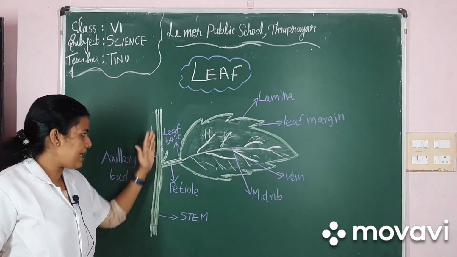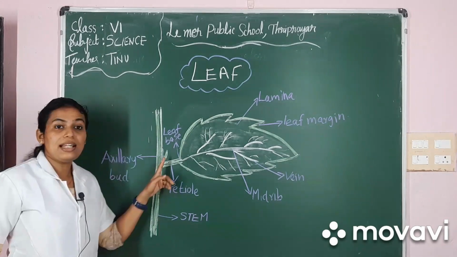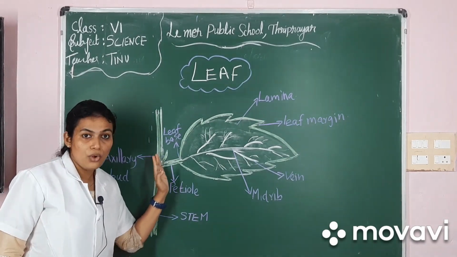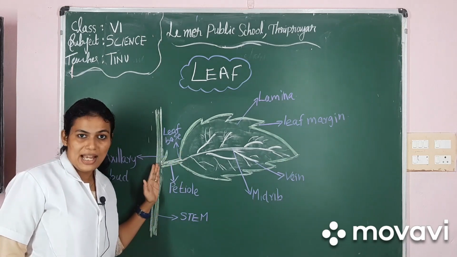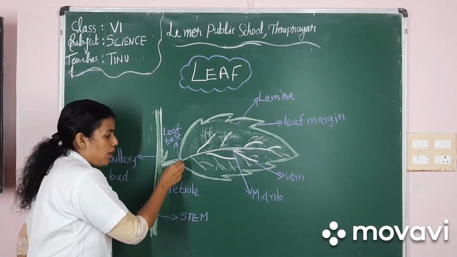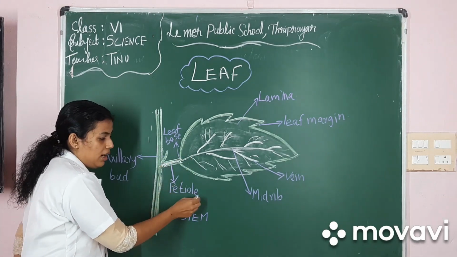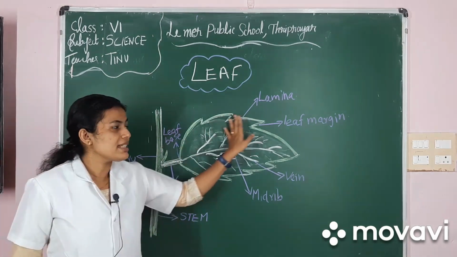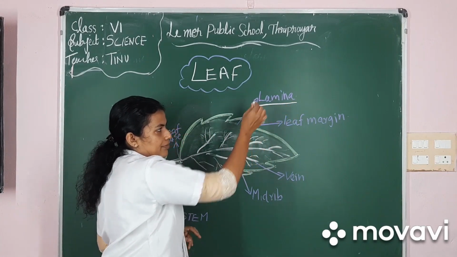The leaf is attached to the stem, and this is the stem region. The leaf is attached to the leaf node of the stem by the petiole. This small projection which attaches the leaf to the stem region is called the petiole. The flat green part of the leaf is called the lamina.